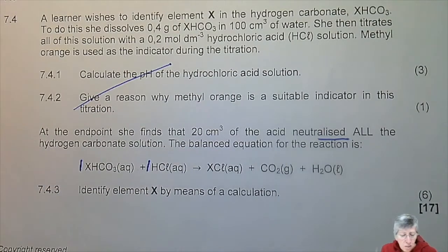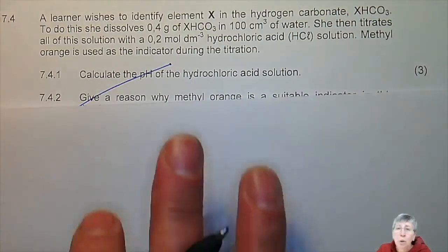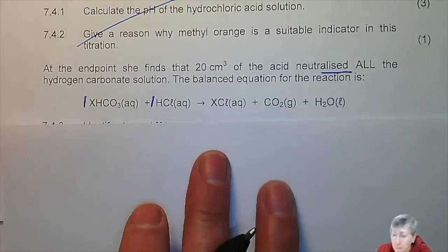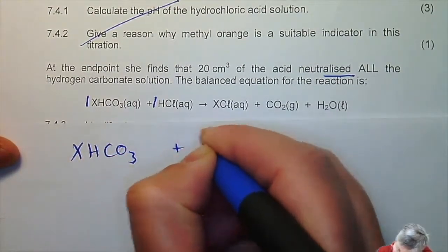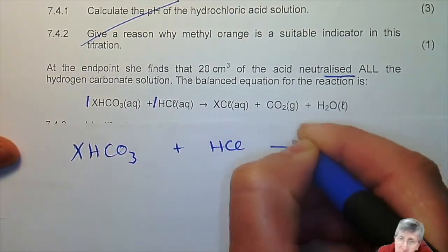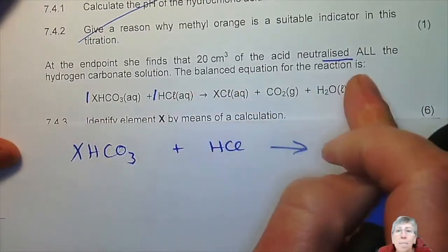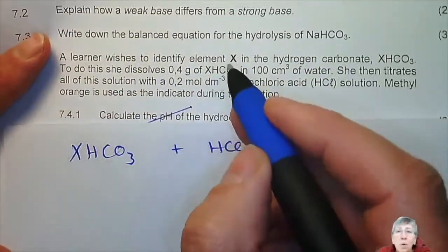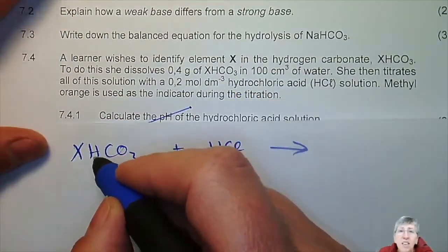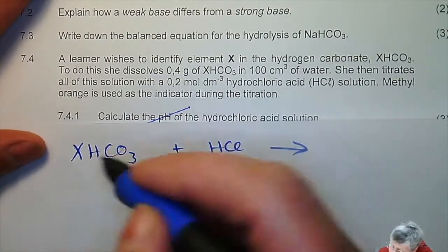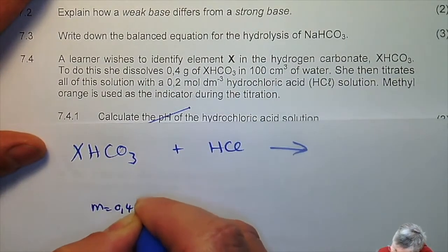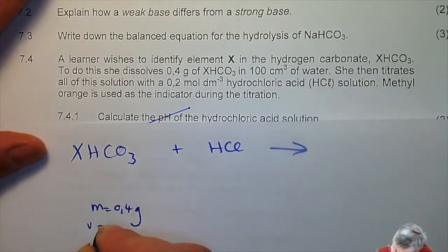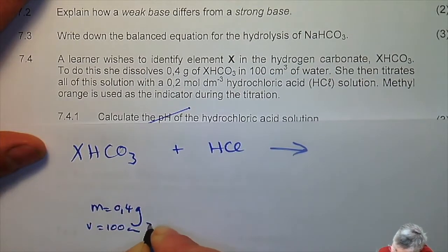Now let's start by seeing what they gave us and what we need to work towards. We have XHCO3 and we've got HCl, and that is going to react, and it is already balanced. Now, what do I know? I know of the XHCO3, they gave us a mass of 0,4 grams, and the volume over there, 100 cubic centimeters.